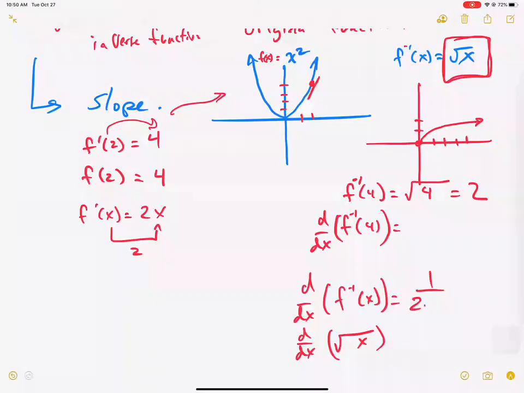It's 1 over 2 square root of x. If I plug in 4, that's 1 over 2 square root of 4, which is 1 over 4.